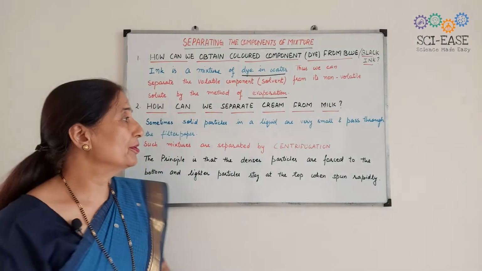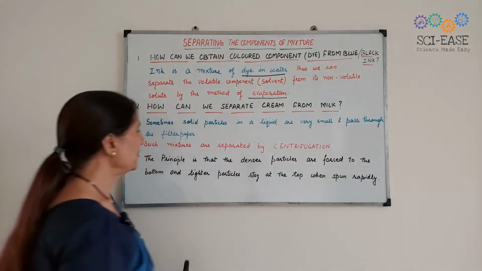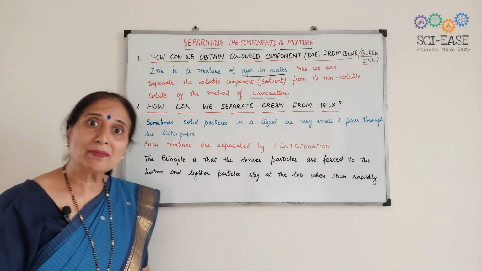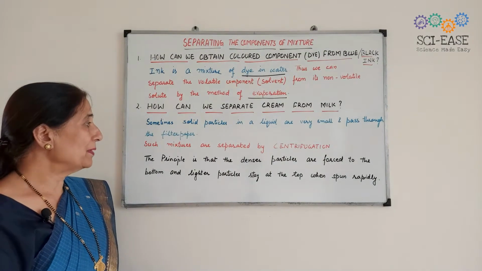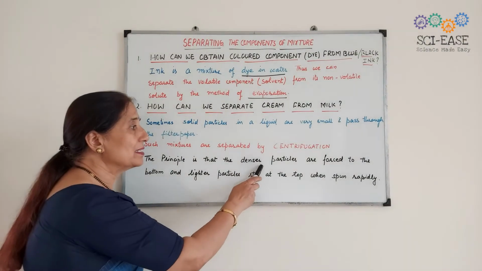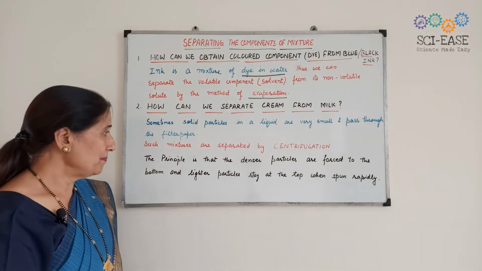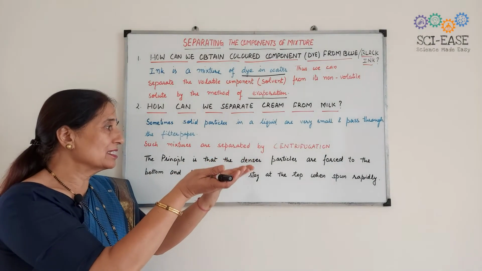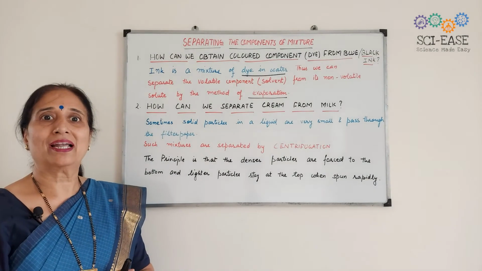Centrifugation. We have used the method of centrifugation here. So what is the principle behind it? The principle is that the denser particles are forced to the bottom and the lighter particles stay at the top when spun rapidly.